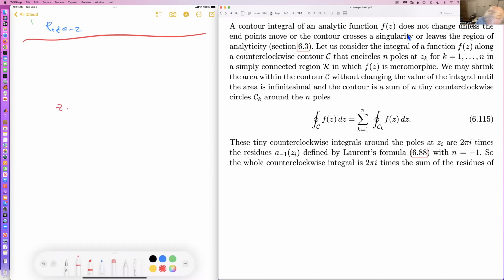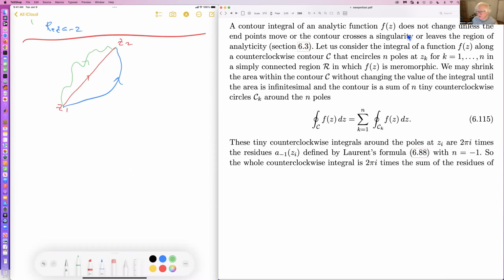If you integrate from z1 to z2 like that inside a region of analyticity, you get the same result no matter what contour you take, as long as you go from the same initial point to the same final point and you stay within the region of analyticity.